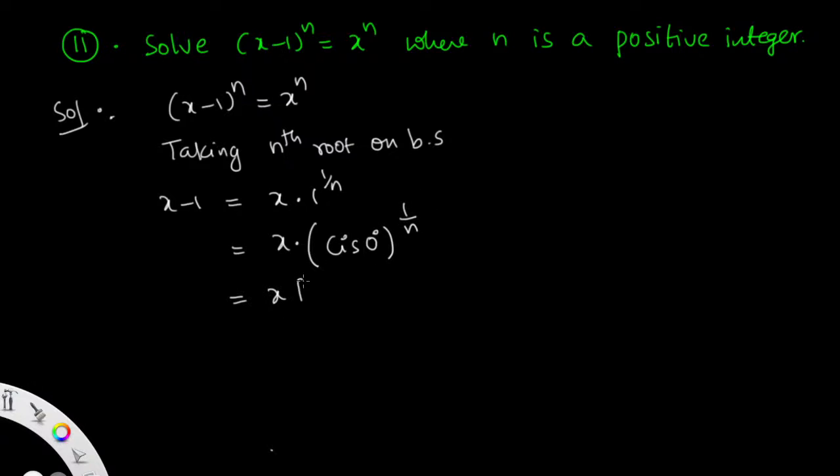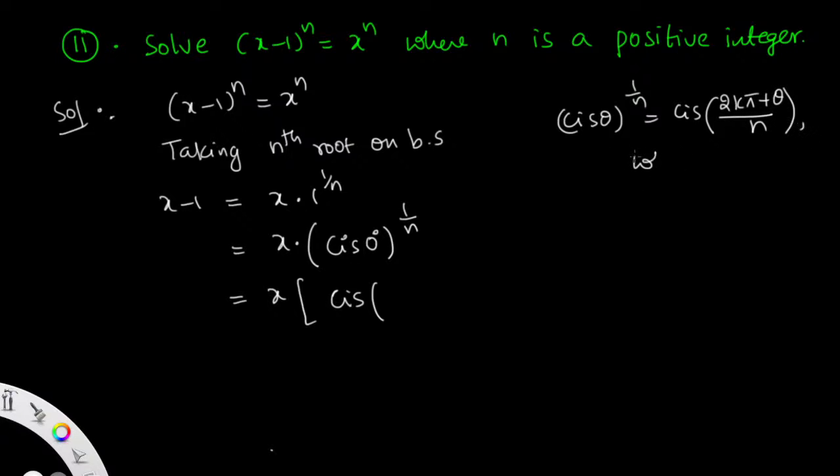So x into cis 0. The formula is: cis theta whole to the power of 1 by n is cis of (2k pi plus theta) by n, where k equal to 0, 1, 2, so on up to n minus 1.